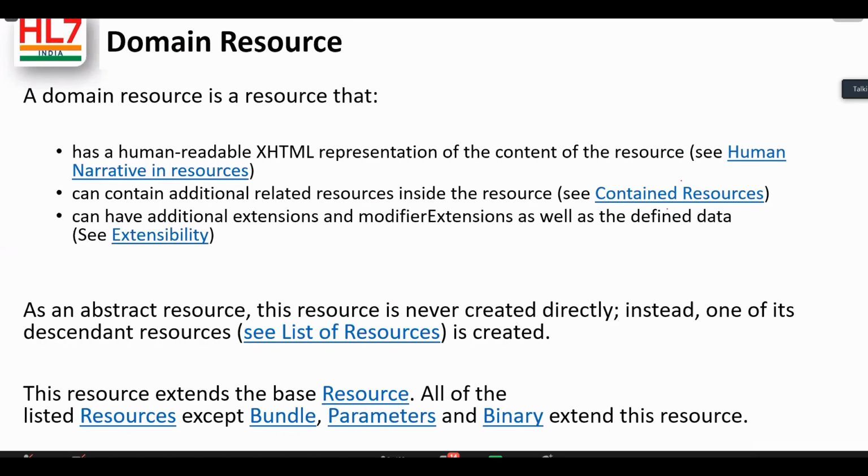And when you do the post, when you do a create of a resource, you don't tell the server that you need this ID. Generally, the server decides what ID that particular instance of the resource should get. That's why IDs are given by the server, so when you get a response, you get the ID.